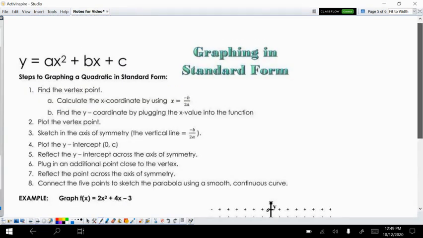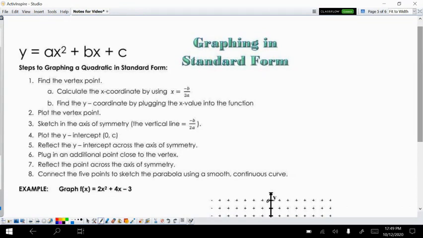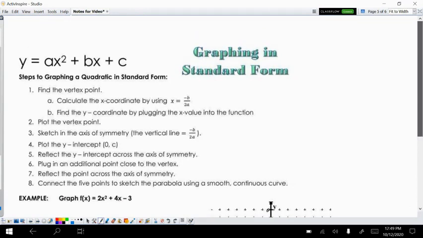Now in standard form, we don't really see much right away about our parabola except for the a value. The b and the c are not actual points on the graph, but we have this formula to help us find the vertex. What we know is that the x-coordinate of the vertex can always be found by doing the opposite of b over 2a.